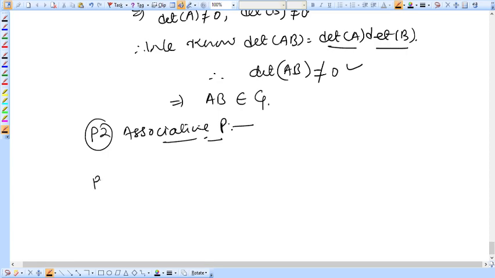Now property number 3, you see it is existence of identity.